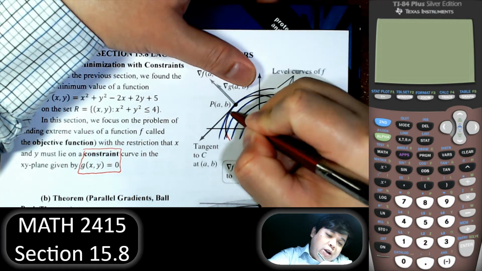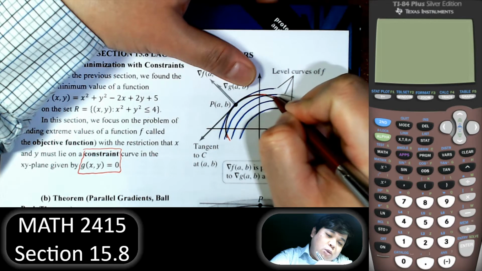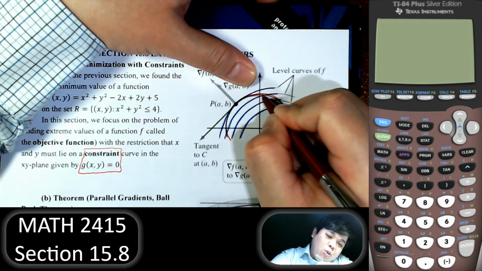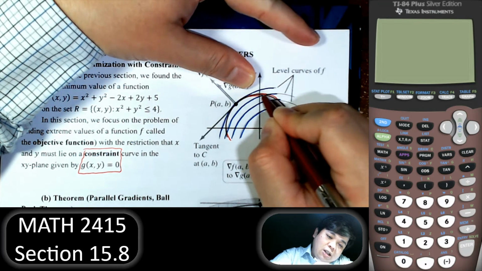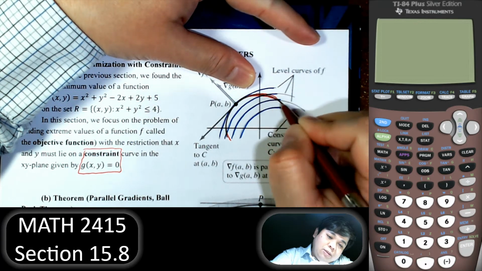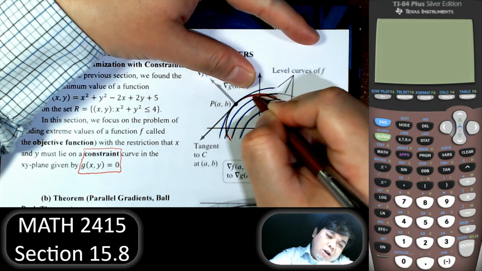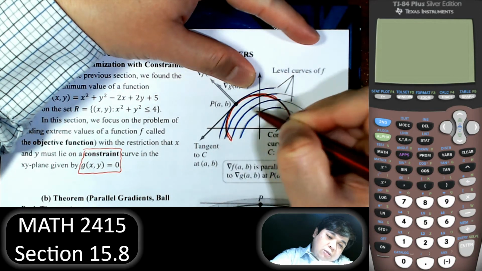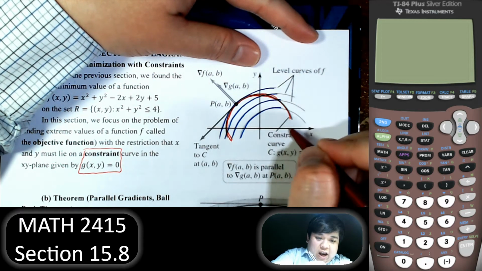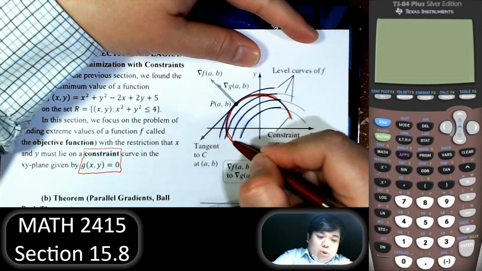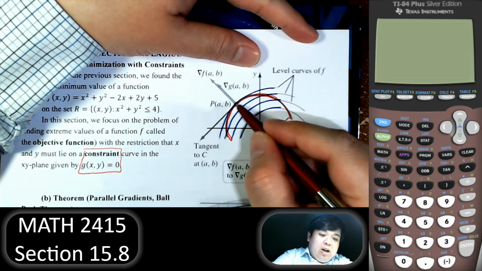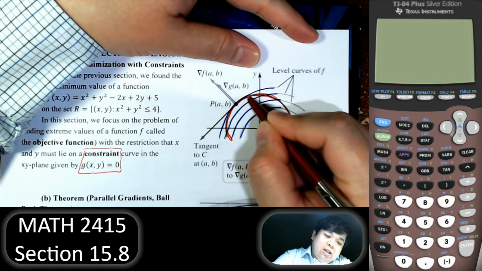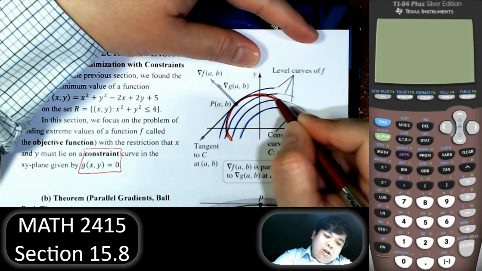So we'll try to maximize or minimize, but the x and y must be on this constraint. So we have the level sets of the function, and then we have the constraint. In the solution, the maximum or minimum has to be on the red curve, or this constraint.